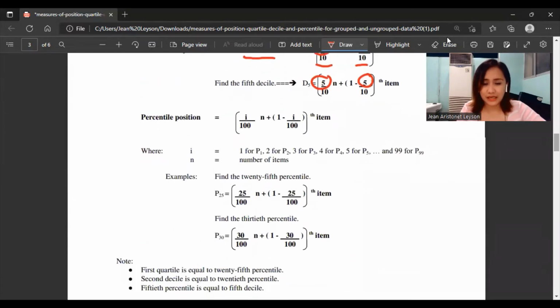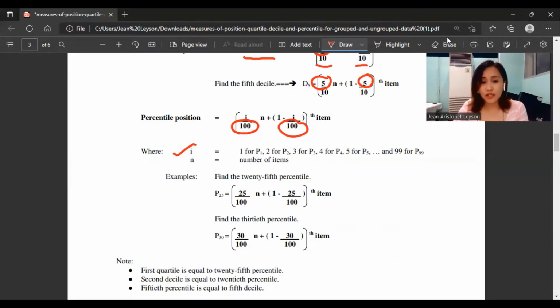For the percentile, same with decile and quartile, we have the same formula. The only difference is that the denominator now is 100 because we are now solving for the percentile. Now for I, depending on what percentile we are looking for, simply substitute I with numbers 1 to 99. So that's 1 for P sub 1, 2 for P sub 2, 3 for P sub 3, and so on.